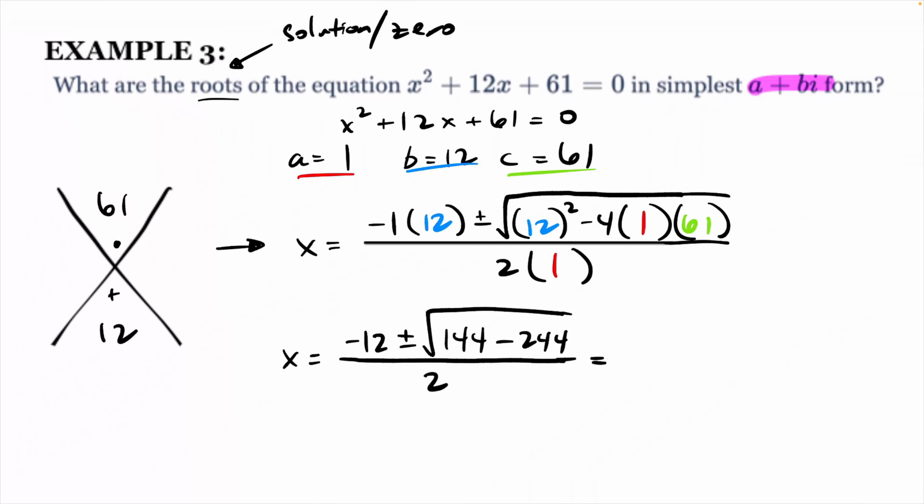Okay. Next step, subtract. On the inside of the square root, I have subtraction. What's 144 take away 244? Negative 100, right? It's got to be a negative number because 244 is too big.